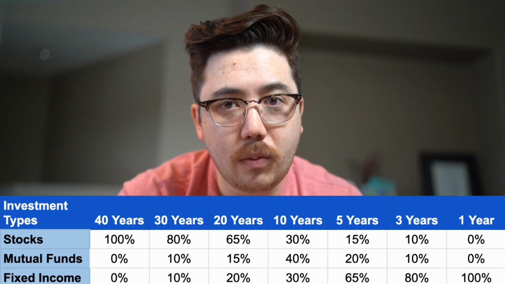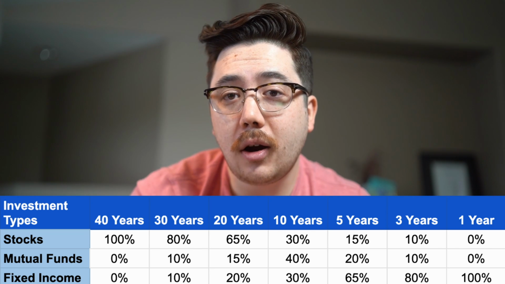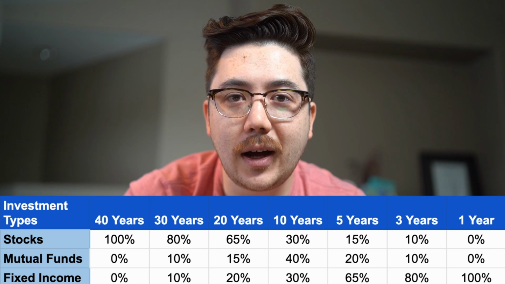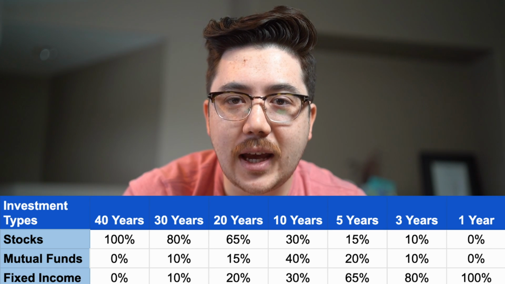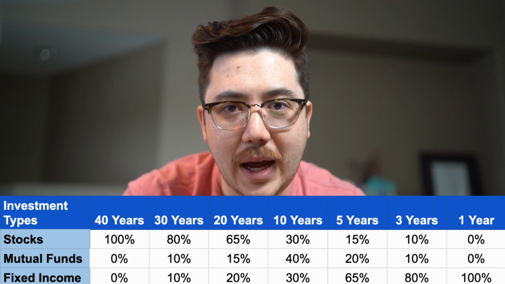And then again, once you're 20 years out, you lower it again, maybe go down to 65%. These are just examples. You should always speak to an advisor and make sure that you fully understand your own risk tolerance, and that you're building your portfolio to match it.